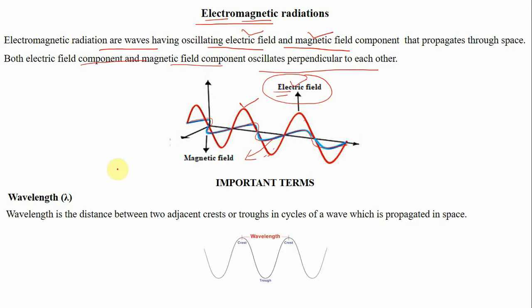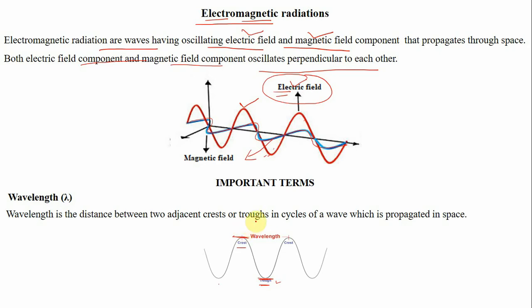When electromagnetic radiations move in the form of waves, at one point it is at a maximum, at the other point it is at the minimum. This maximum point is called the crest, while this minimum point is called the trough, and then it again repeats itself. So it goes from minimum to maximum, then again minimum, then again maximum.